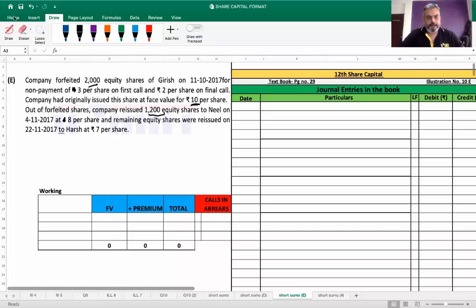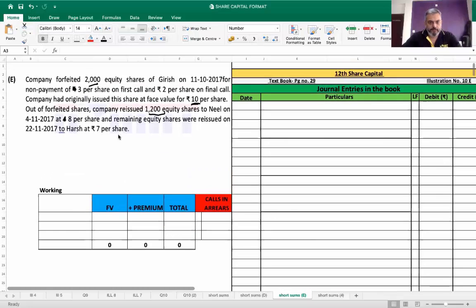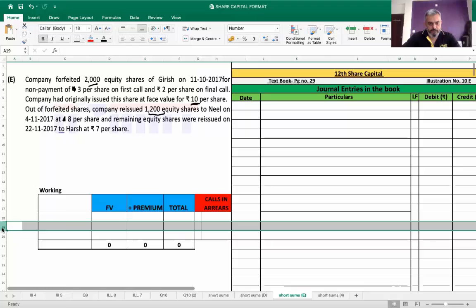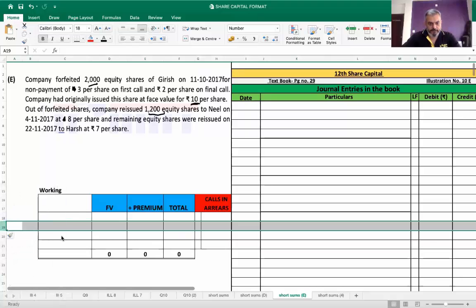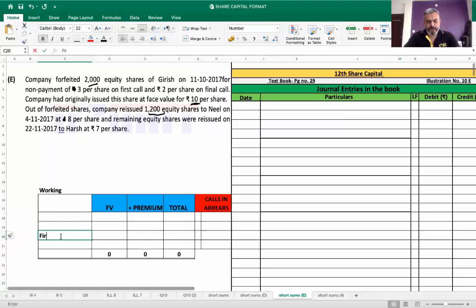Let's start. Now, let's first write what is given: non-payment of first and final calls. So here there is first call also and there is final call also. First call of 3 per share and final call of 2 per share. The company had originally issued these shares at a face value of 10.